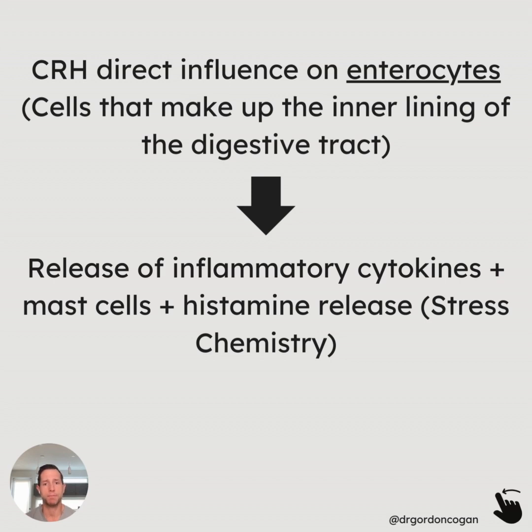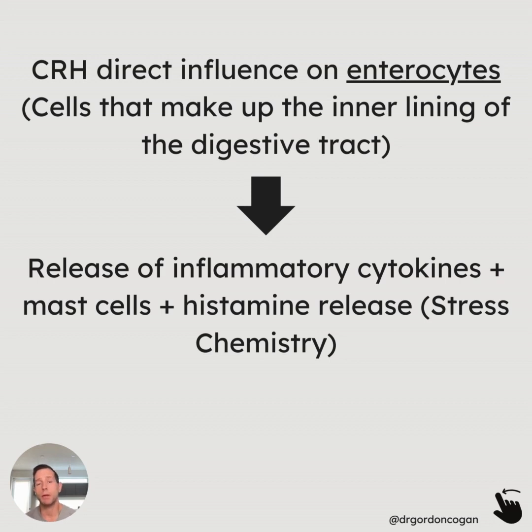Essentially, they are influenced to release inflammatory cytokines, which are just chemicals that are involved in the immune and inflammatory response, as well as the activity of mast cells and histamine release. We would call it the combination of the immune and inflammatory response to that particular hormone, which is once again CRH, or corticotropin releasing hormone.